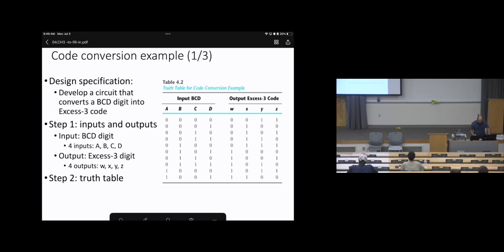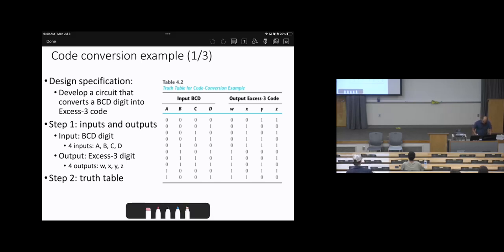Basically, we have BCD notation. We need to convert this to XS3 code. XS3 is basically the same as BCD but add 3. So here we have 0, and 0 plus 3 will be 3, which is 0, 0, 1, 1.